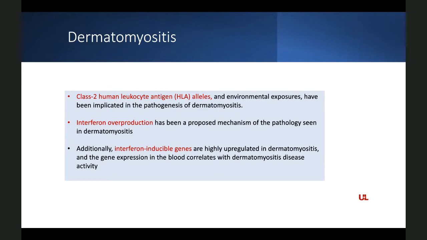For dermatomyositis as a whole, there is interferon overproduction, and at the same time there are class 2 HLA alleles, and environmental exposure plays a major role in the pathology, and hence complement as well. And therefore, we have treatment options targeting those areas.